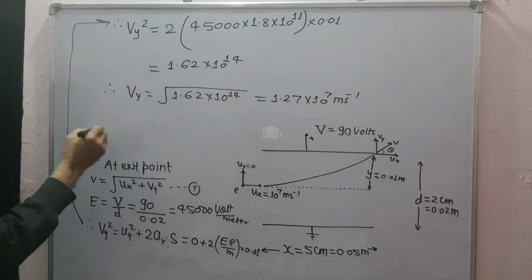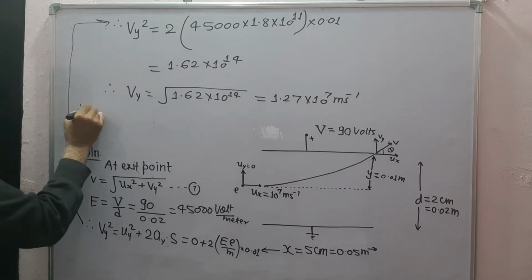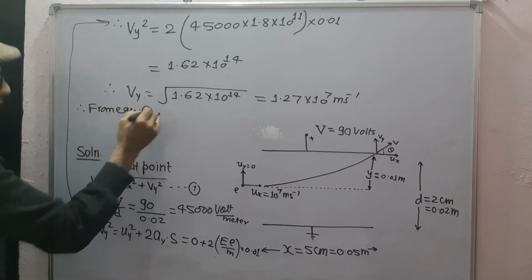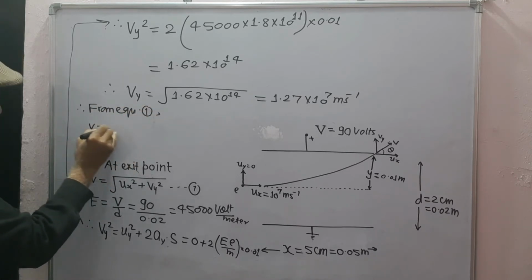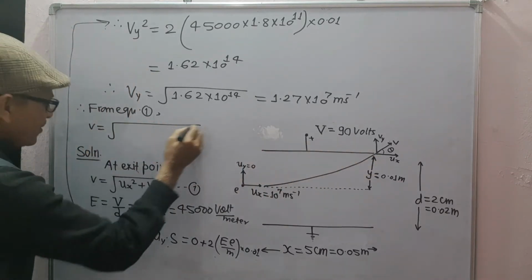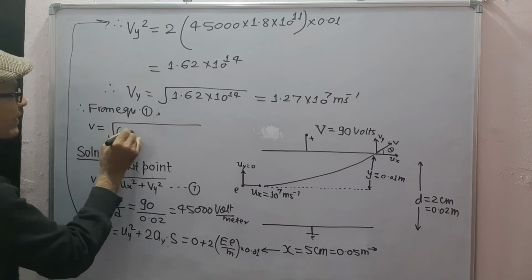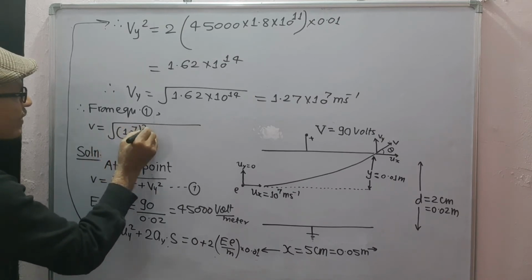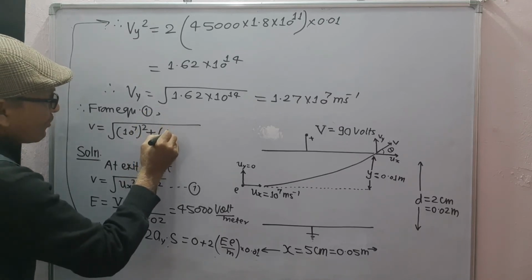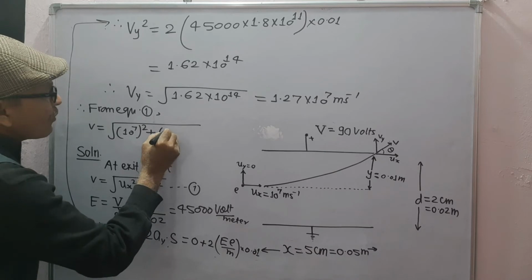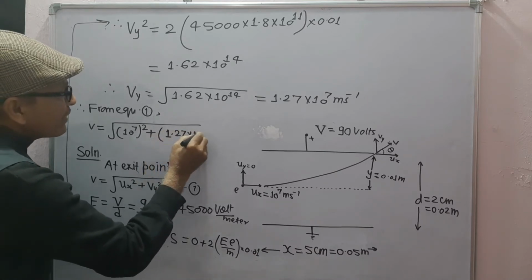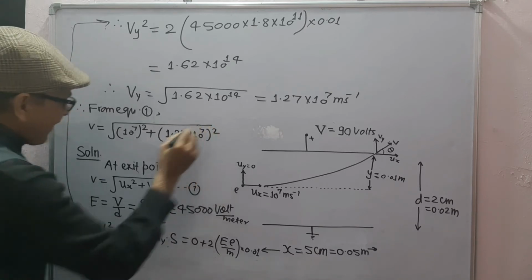Now from equation 1 we get the resultant velocity at the exit point as v equal to the square root of u_x, which is 10 to the power 7, square, plus v_y, which is 1.27 into 10 to the power 7, square.